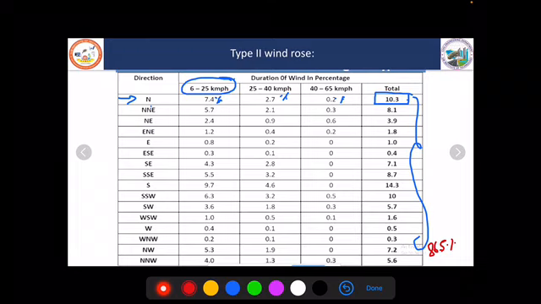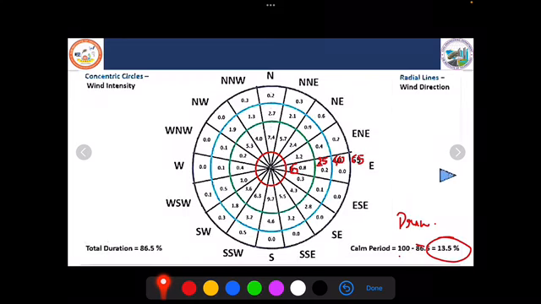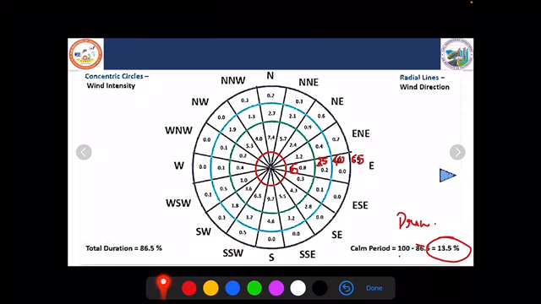For example, from the north direction, for a speed in between 6 and 25, the wind duration is 7.4. Here the 6 is the red line, and 25 is the blue line.